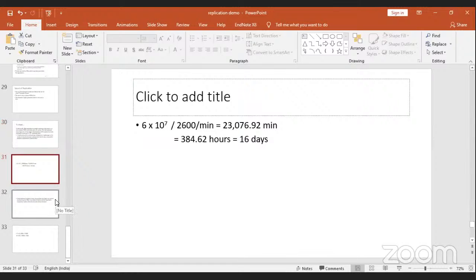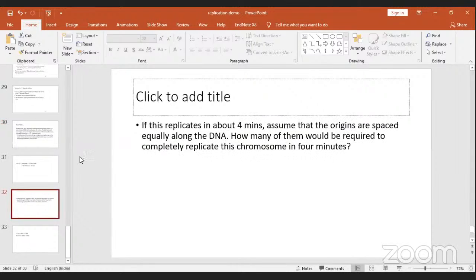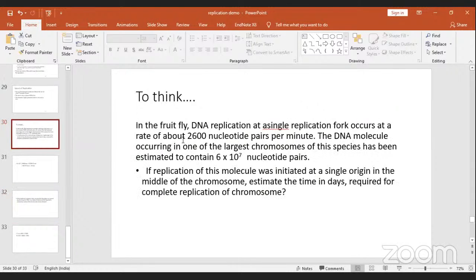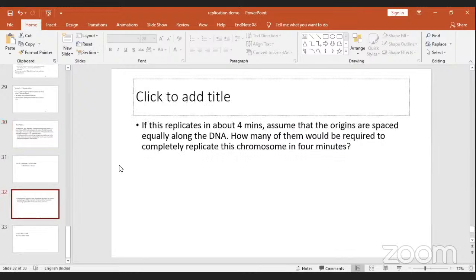Then the next question: you have the same criteria, that is 2600 nucleotides per minute, and the same length, 6 into 10 power 7, the length of the chromosome.